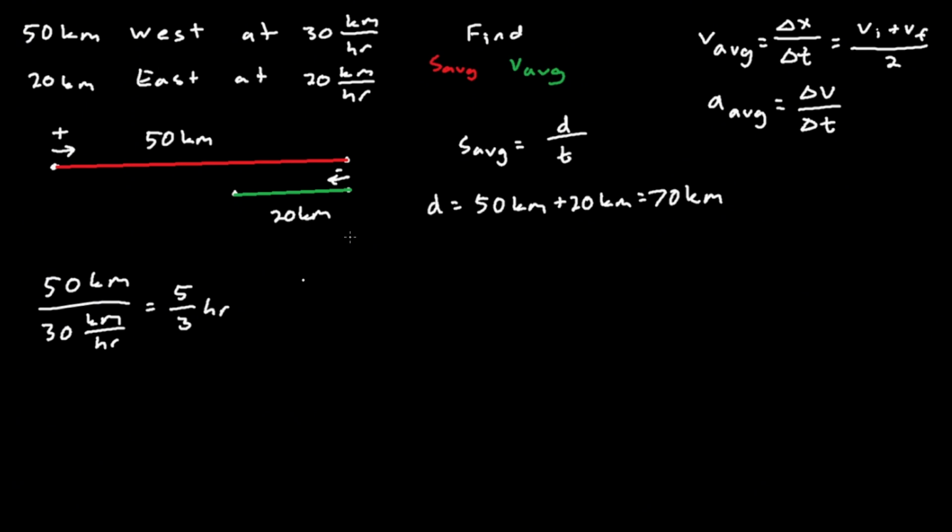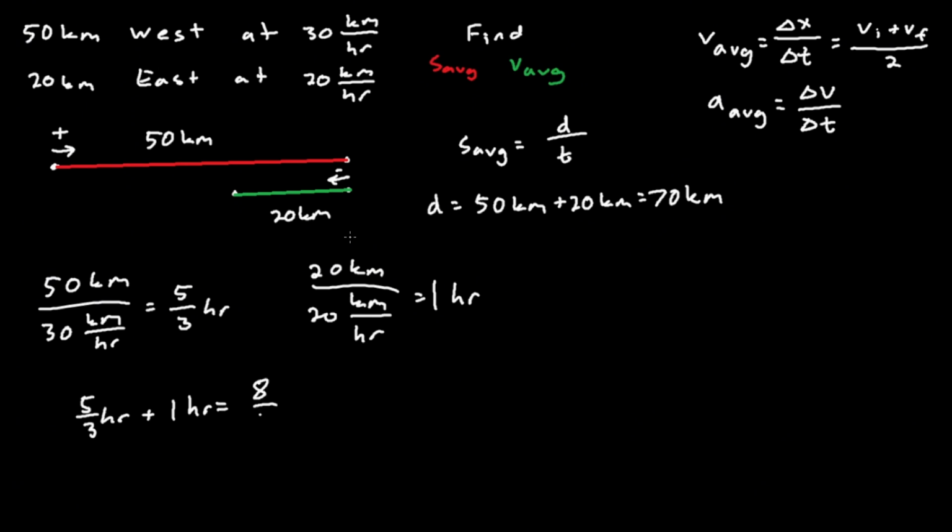And if you divide the distance, 20 kilometers, by speed again, traveling east now, you get 1 hour. So if you add these two together, 5 over 3 hours plus 1 hour, this is equal to 8 over 3 hours.